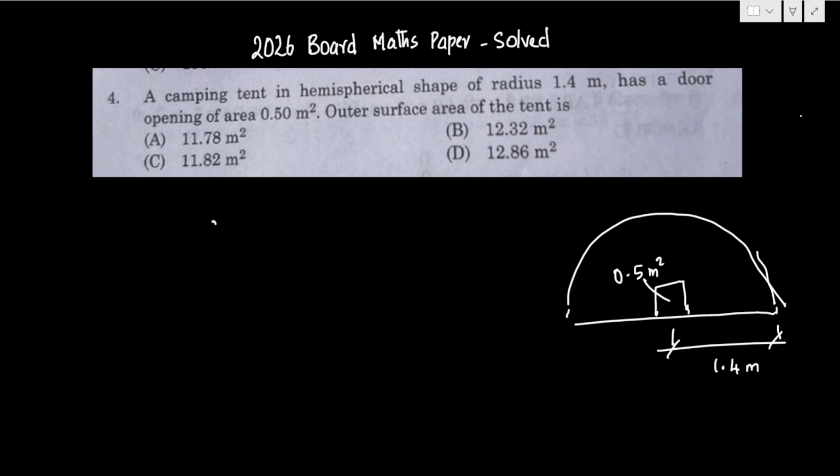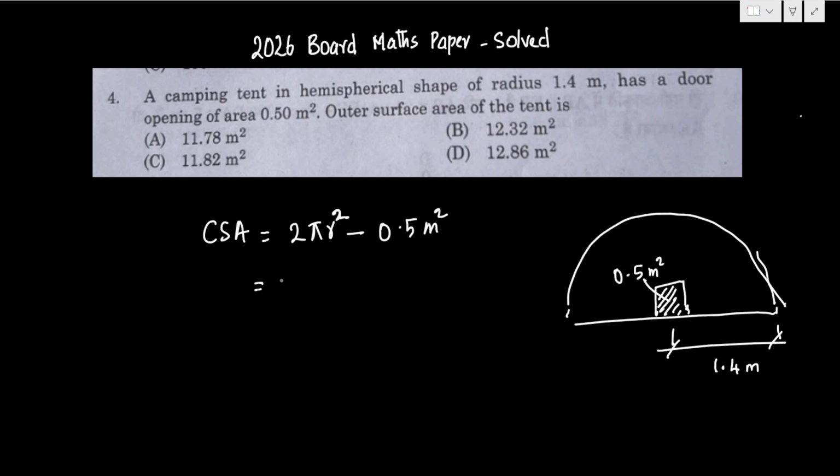The CSA of the tent equals 2 pi r square. This is the formula that we use to calculate the curved surface area of the tent. And we have to subtract 0.5 meters square because there is an opening in the tent. There is a hole here.